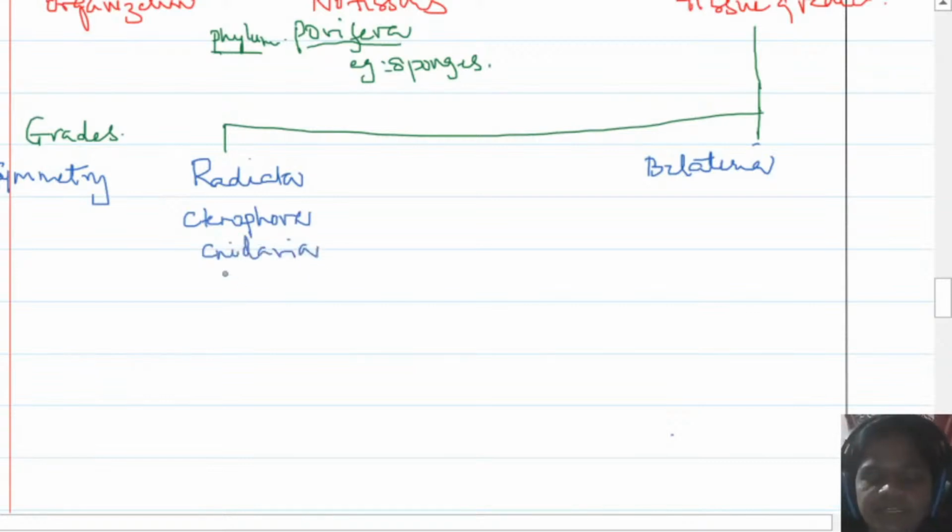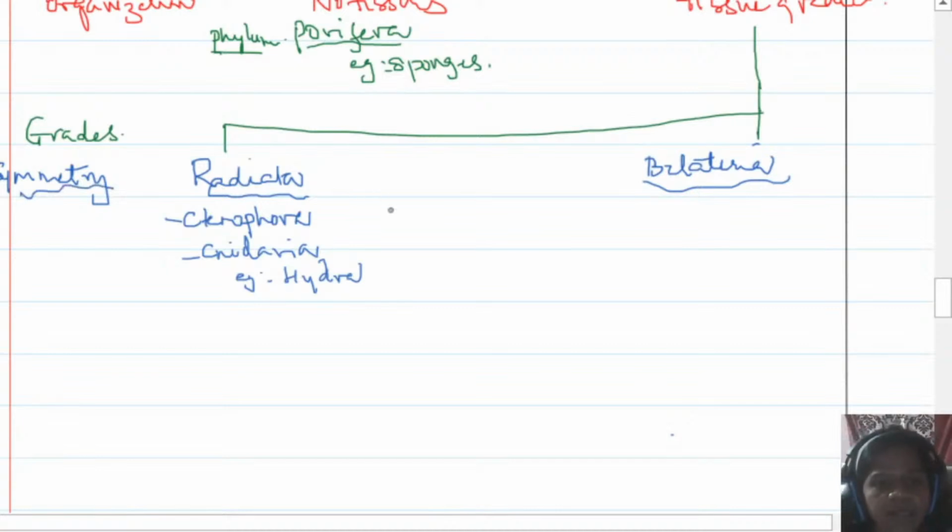These are the phyla. In Cnidaria, for example, you can take Hydra. If you cut the Hydra on different planes, there is more than one plane of symmetry. That's Radiata. And in Bilateria, you can cut the organism into two halves: bilateral symmetry. This is based on the organization, how they are organized.